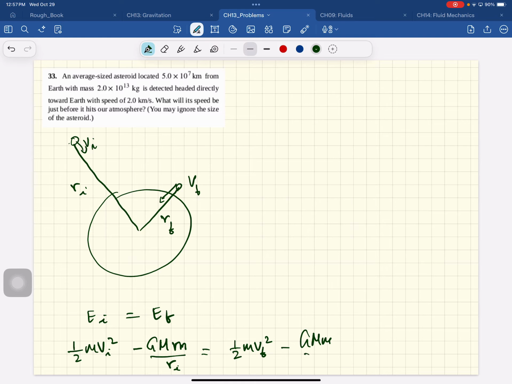And now what is the final radius? The final radius is essentially the radius of the Earth. So that's what we're going to use, the radius of the Earth. And now you will see that in problems like this, it's a pain to use these formula for potential energy. mgy would be so much easier, but it doesn't work here.